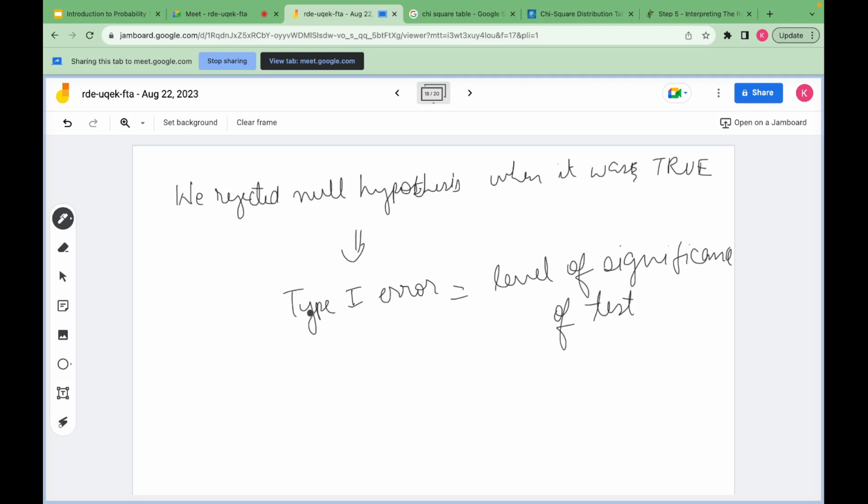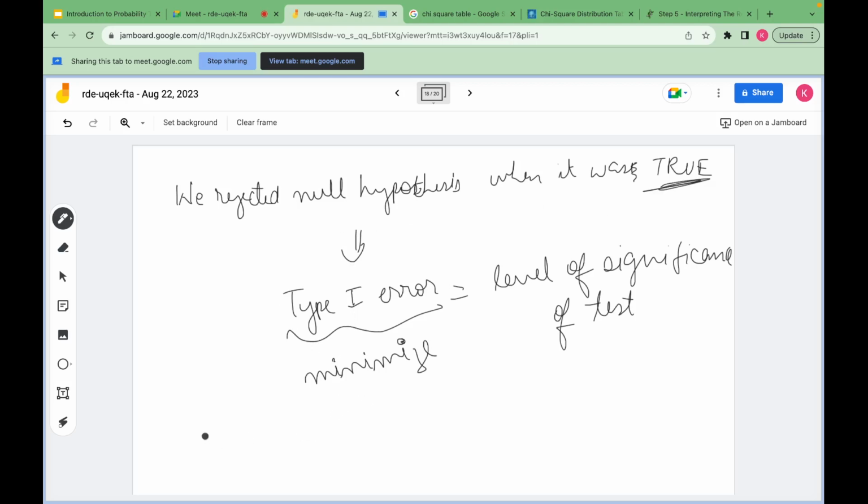So we want to minimize this type 1 error, because we do not want to reject the null hypothesis when it is true.